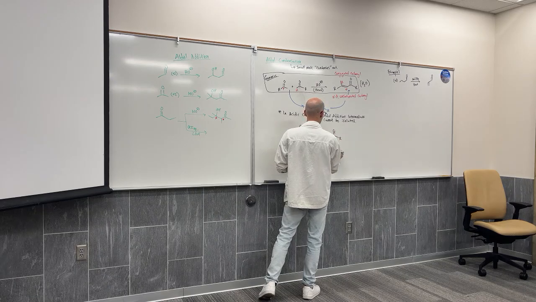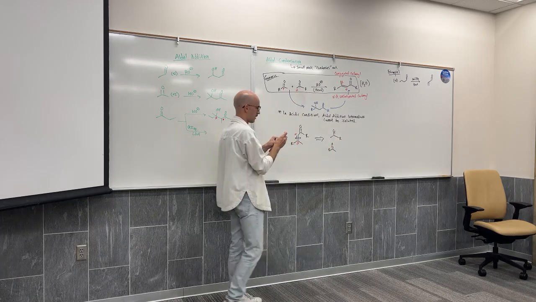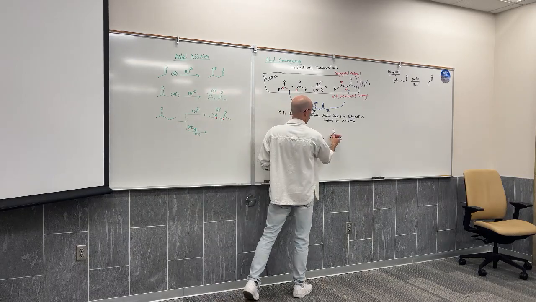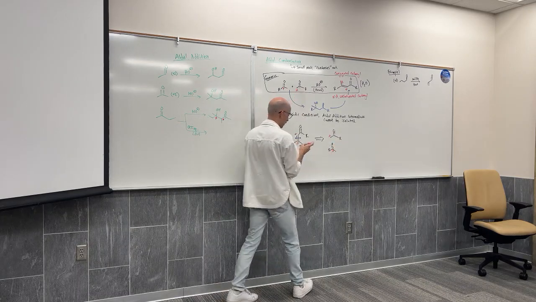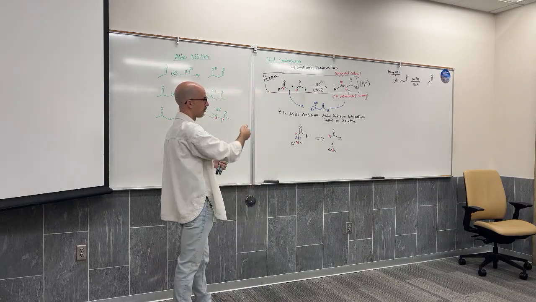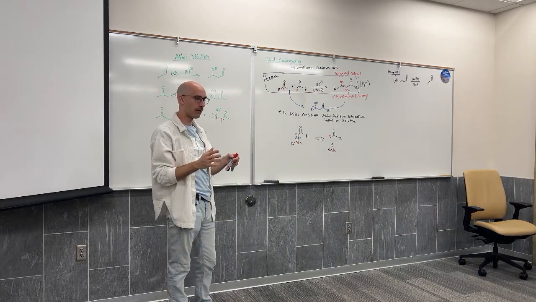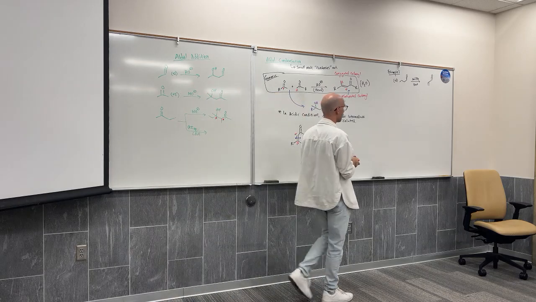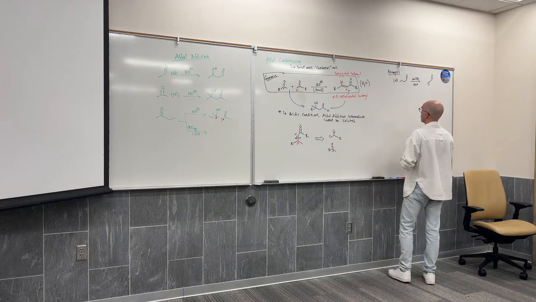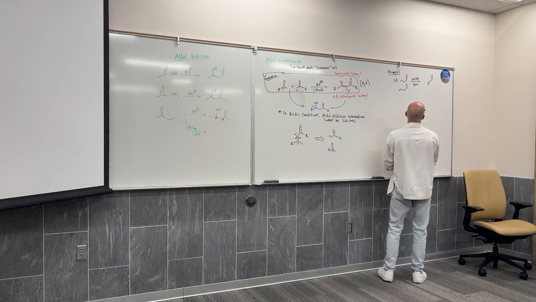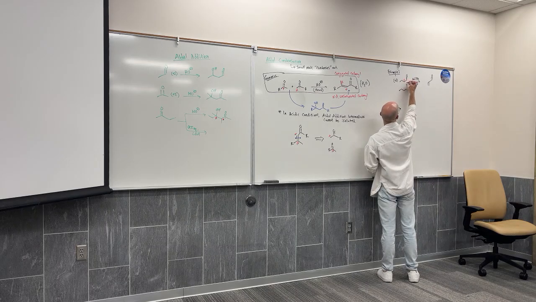So I like to start there when I am predicting a product. I start by drawing that alpha-beta double bond that forms. And then I go and I make sure that alpha is connected to everything else that alpha needs to be connected to, and I make sure that beta is connected to everything else that beta needs to be connected to.